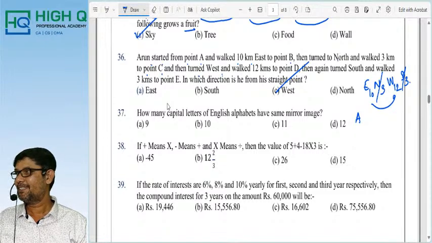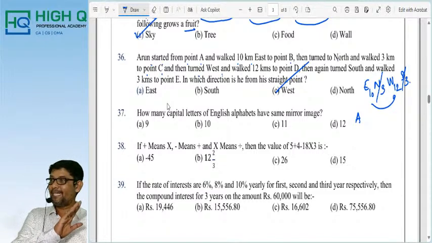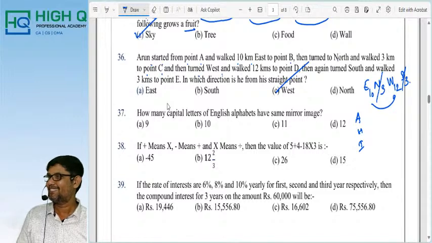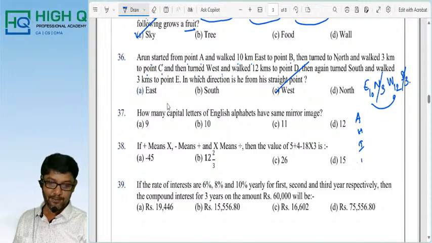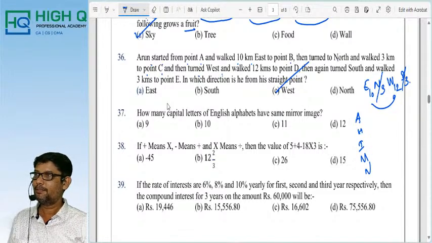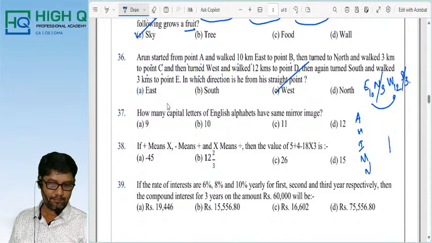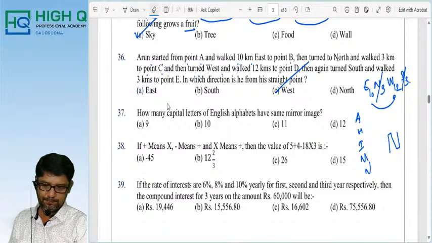C, the mirror image also should be the same, my dear. C not possible. D no. E no. F no. G no. H, I, J not possible. K no. But M, N no. Mirror image not possible. Very good.